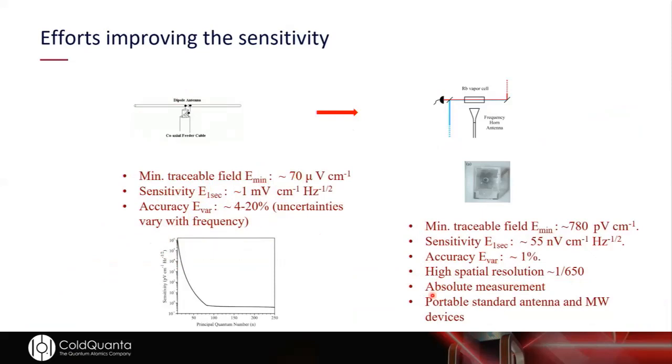And our measurement is an absolute measurement, calibrated by the Rydberg atoms themselves, which are self-calibrating. While the calibration of a standard antenna will change because of aging. And our experimental setup is simple and independent of the wavelength of microwave. So it can be developed into portable standard antennas and microwave devices without much effort.